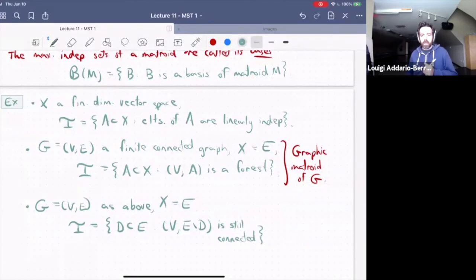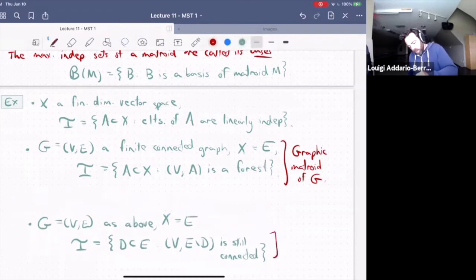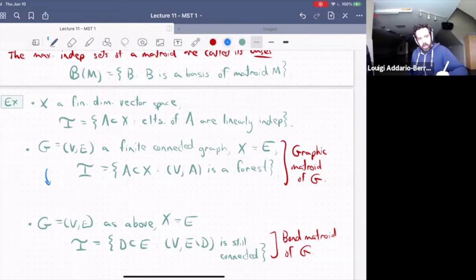This turns out to be a matroid. And for these two examples, well, first let me say this gets called the bond matroid of G.